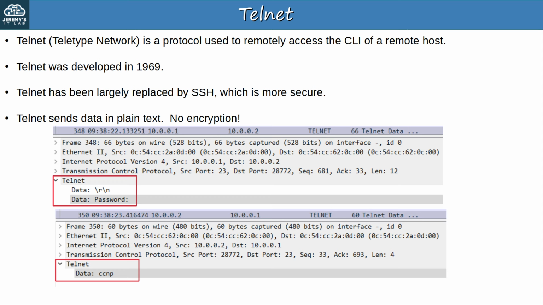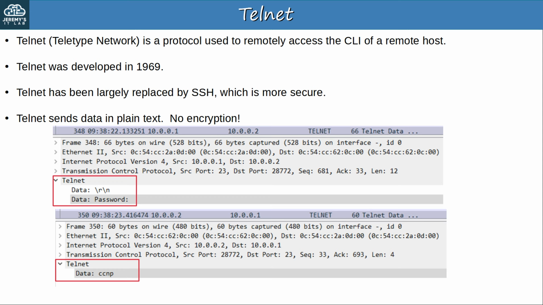But the password is displayed in plain text, CCNP, no encryption. So anyone in the middle who is able to capture the traffic like I did here will be able to read all of the traffic between my device and R1. The username, the password, and all of the traffic after that. That is definitely not secure, and that's why SSH is used instead of Telnet.